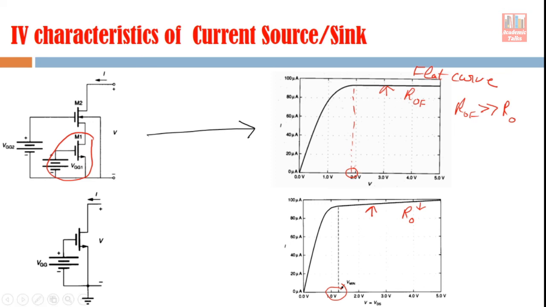V minimum in case of feedback arrangement is higher than V minimum without feedback. So, definitely this is a disadvantage, right, but we have to bear with this disadvantage because it is giving us another advantage, that is in terms of higher output resistance.